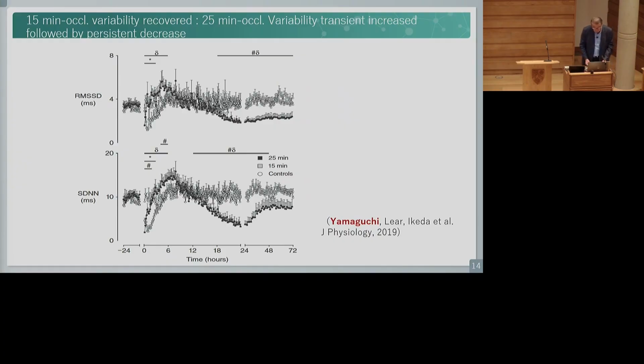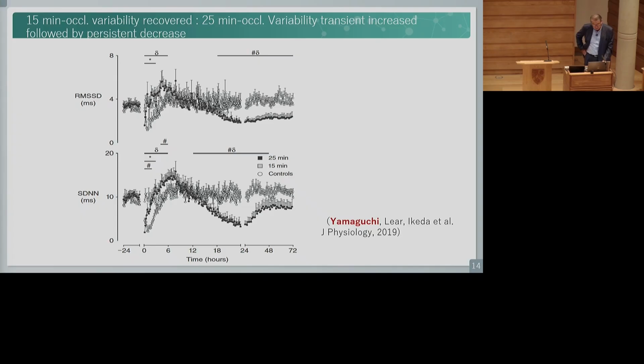We compared three groups: sham controls, 15 minutes of umbilical cord occlusion, and 25 minutes of occlusion. Immediately after occlusion, both RMSSD and SDNN decreased. In the 15 minutes group, a mild case, variability recovered within several hours.